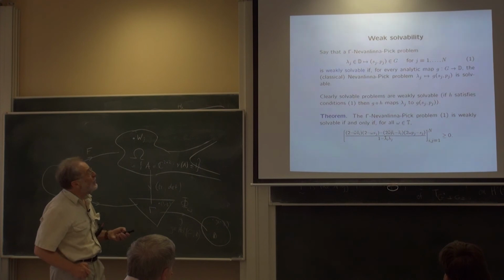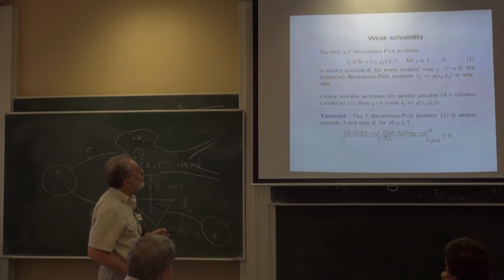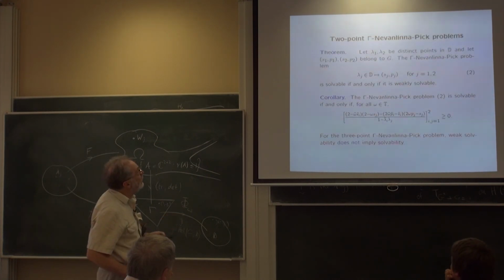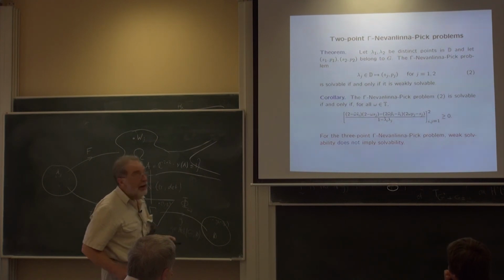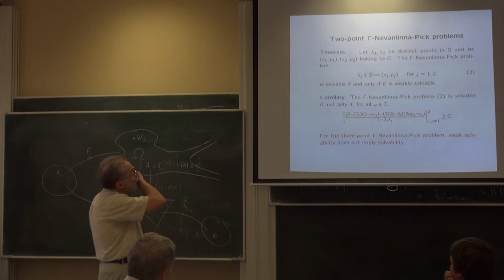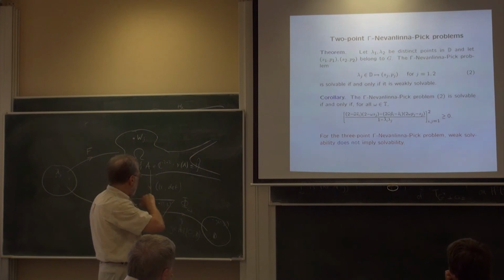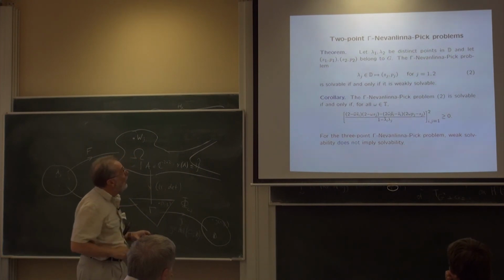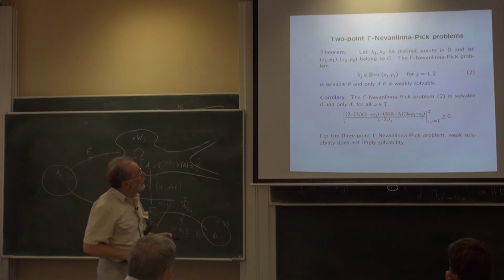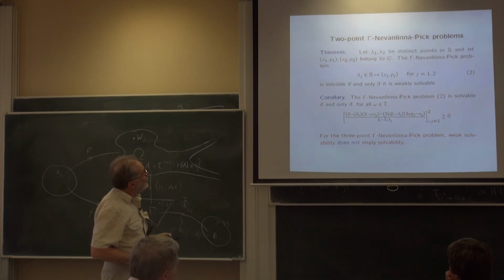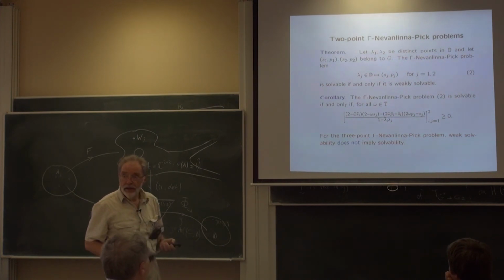But of course that's weakly solvable, and what we really want is solvable. And fortunately, if the number of points is 2, then solvability and weak solvability coincide.